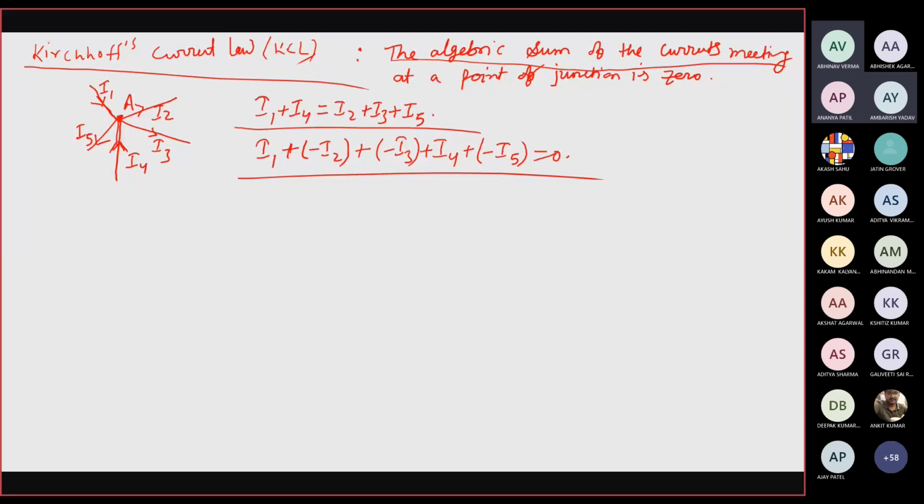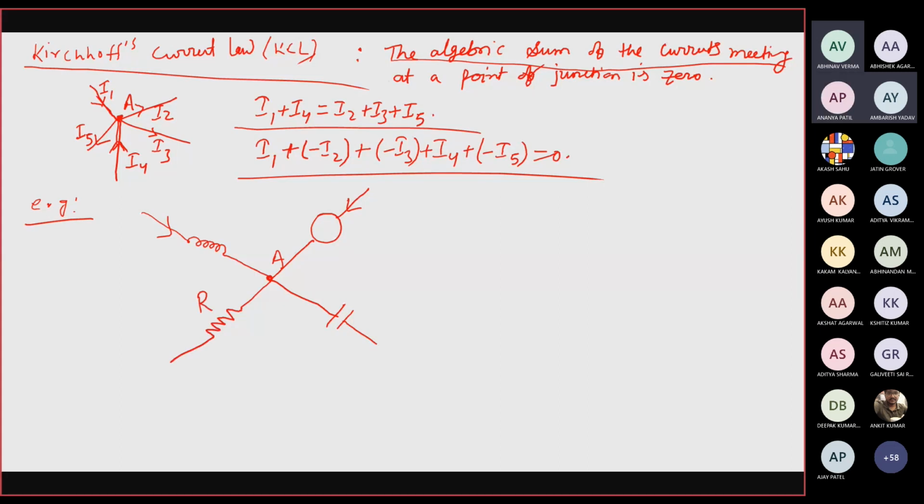So for example, let us consider a simple electrical network in this form, where we have a node A, and then suppose this is any source, then again we have a capacitor as an element of this circuit, and in this arm, let us consider we have a simple resistor having resistance R.